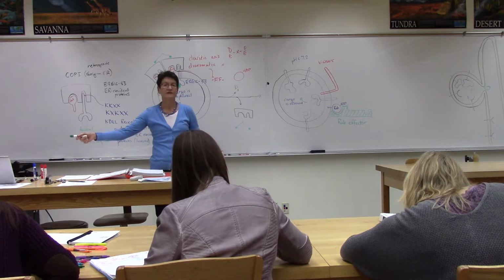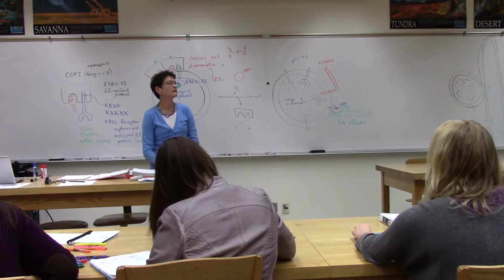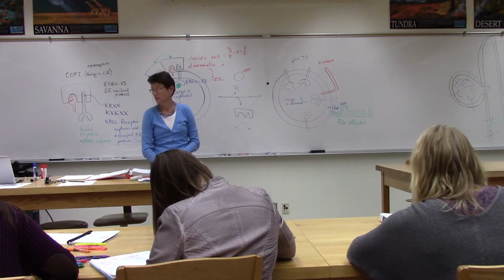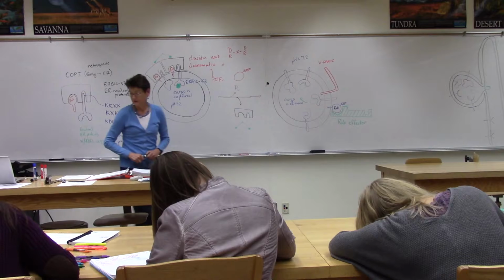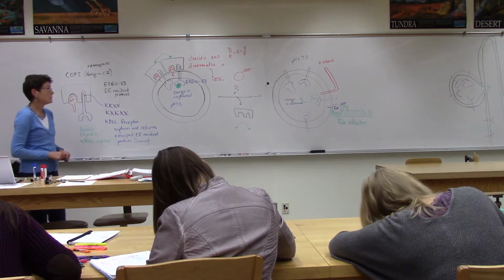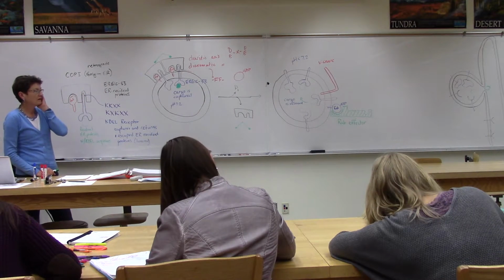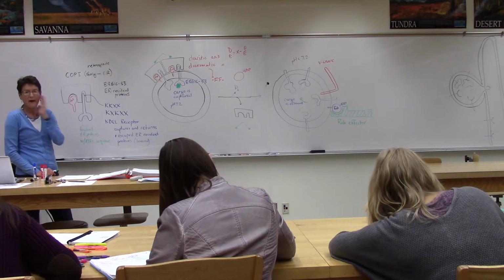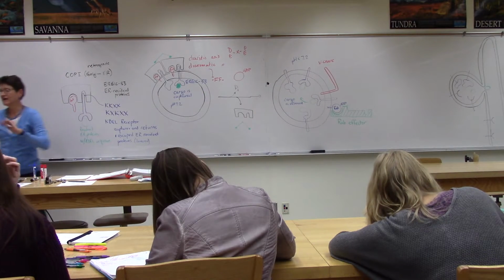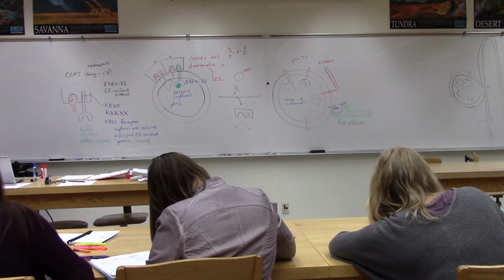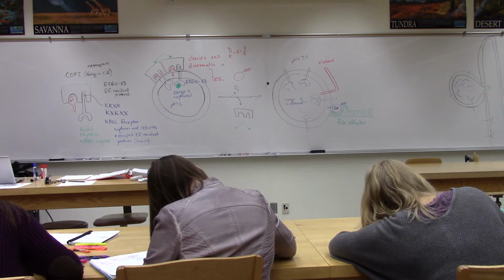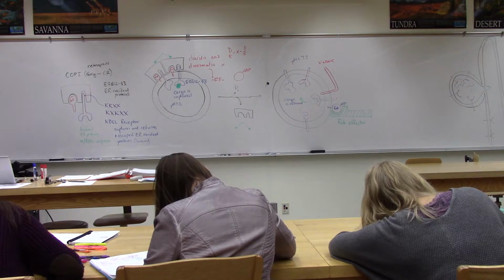I was going to show you a video of one RAB effector today, but we probably won't have time. Might have to do that Friday. Okay? The RAB by itself has absolutely no function except that it's a GTPase. But what has function is the RAB effector.